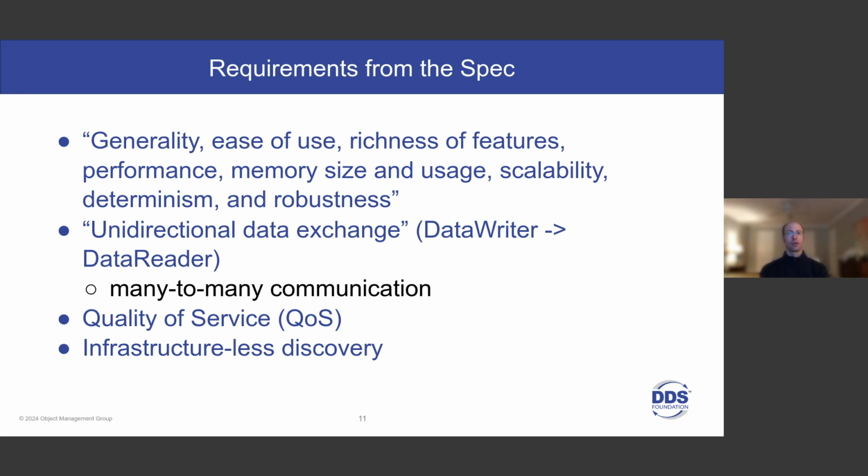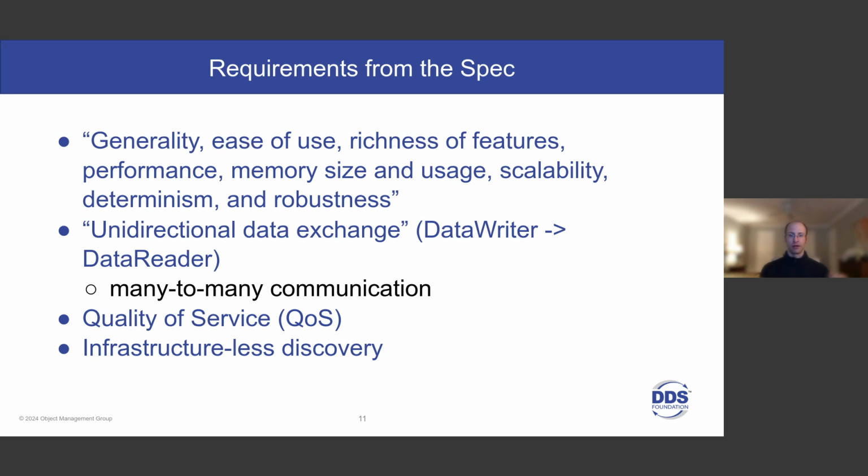But you also see some other things in terms of just memory size, scalability, richness, and so on, that they wanted something that would accomplish all of the richness that DDS gives you without generating excessive overhead and things of that nature.